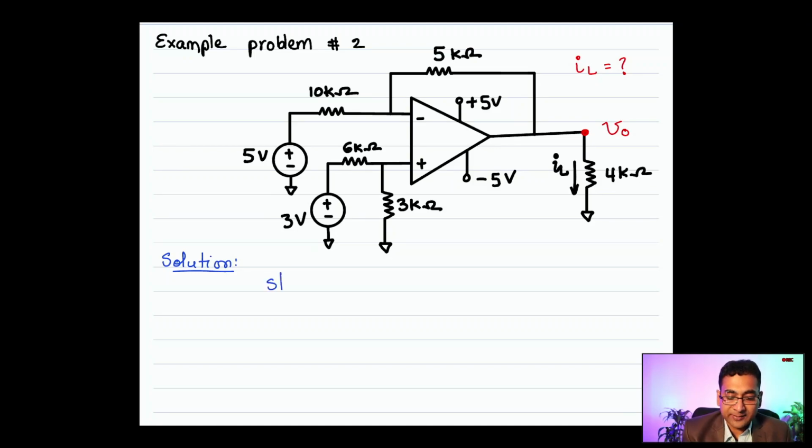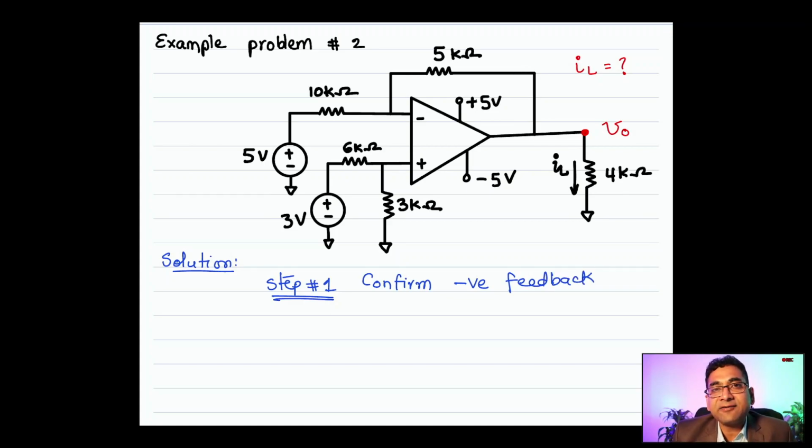What's step 1? Step number 1 is that we want to ensure that there is a negative feedback, confirm there is a negative feedback. And if there is a negative feedback, then you can assume linear region of operation.